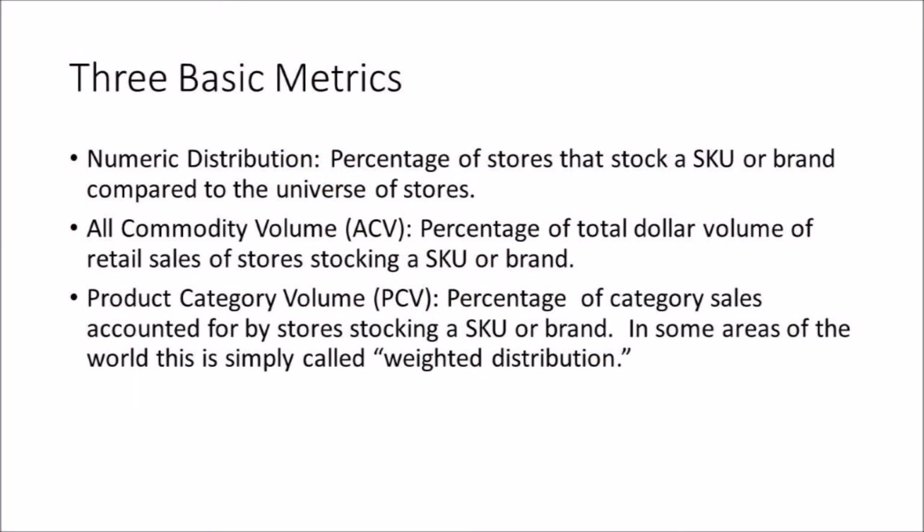The third metric is product category volume, used as a weight. So instead of all commodity sales, it uses sales in a specific product category, such as soft drinks, for example, to define the percentage distribution.